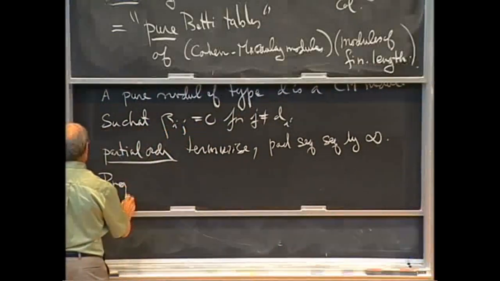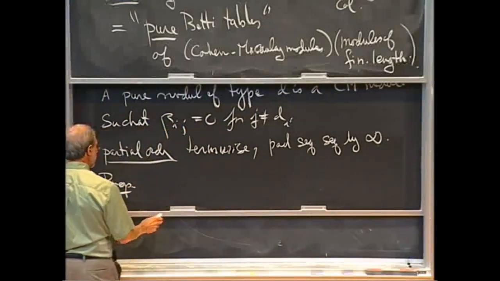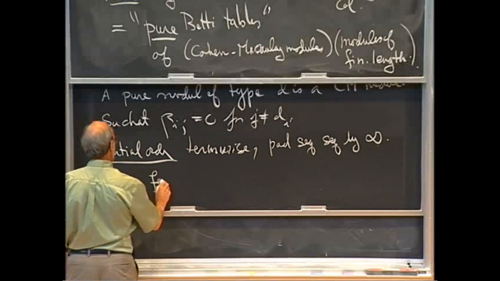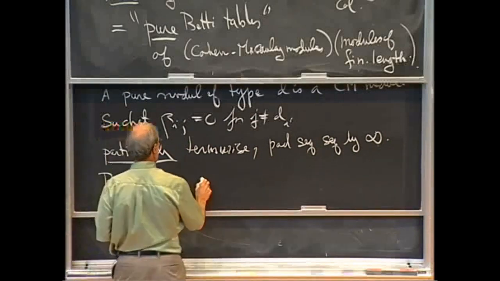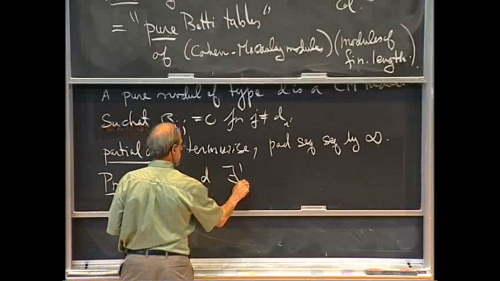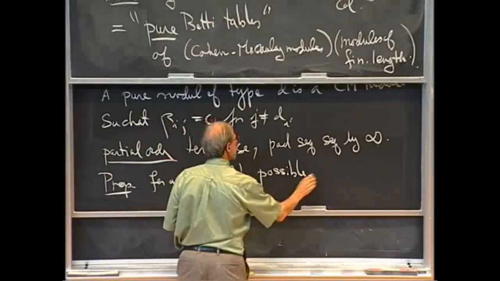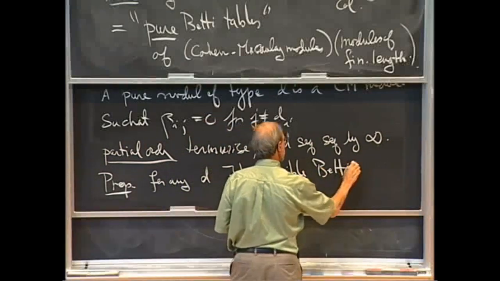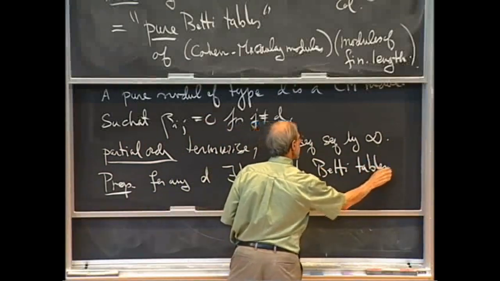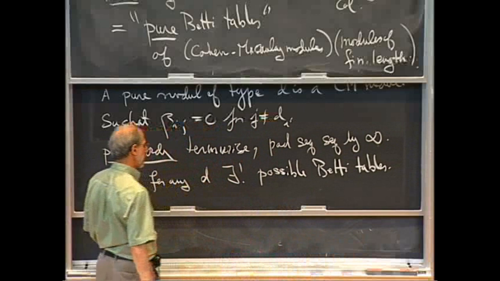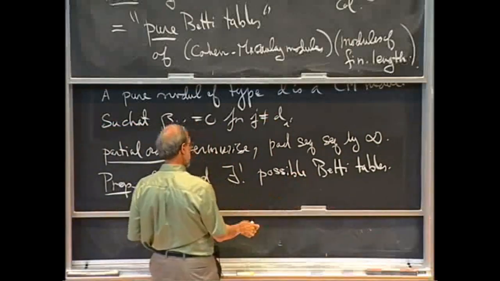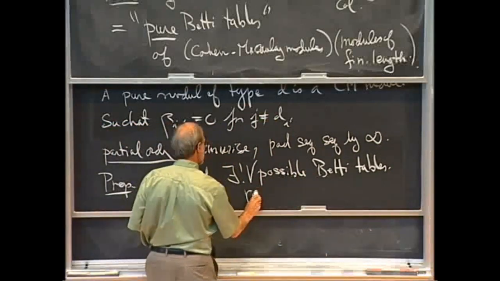So a proposition, and I've just told you the proof: for any D, there exists a unique possible Betti table. That's what I wrote, but what I meant is unique ray.